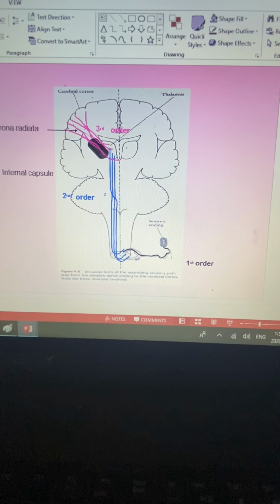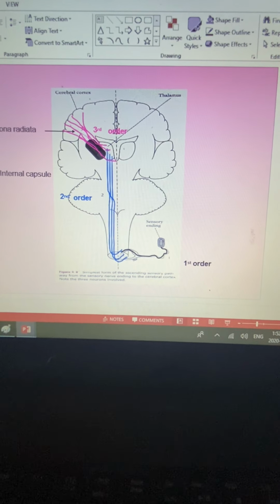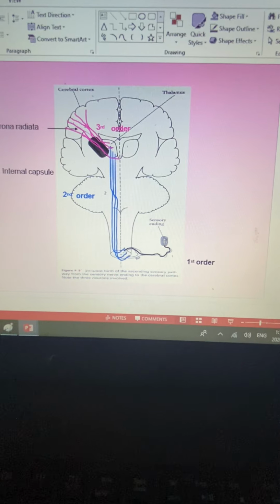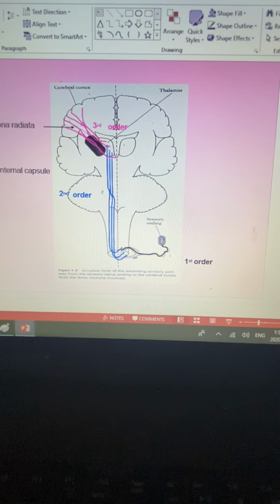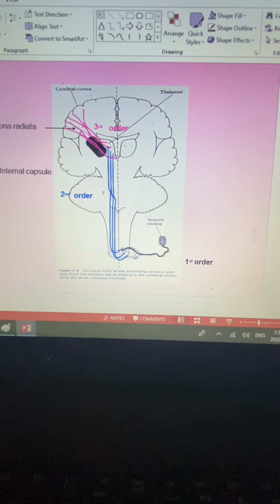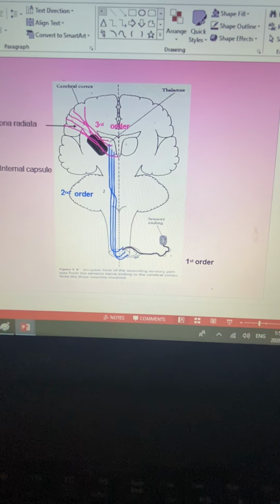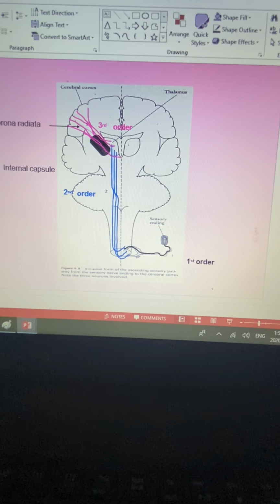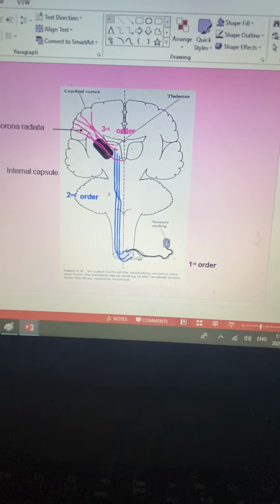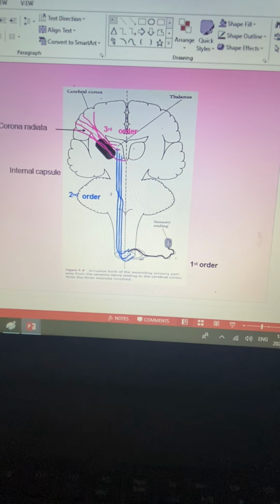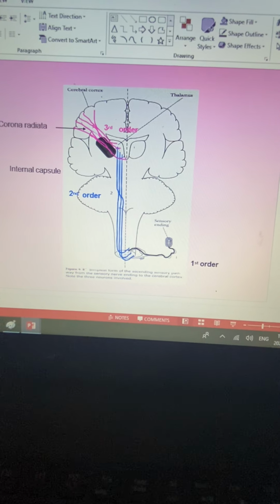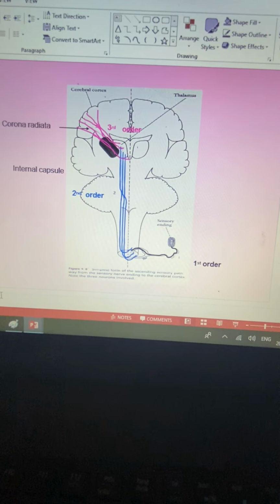That white powder, consider it just like the white fibers, a bundle of fibers, right? So this internal capsule is holding that white matter, or the white fibers, the bundle of fibers, in a compacted way, right?